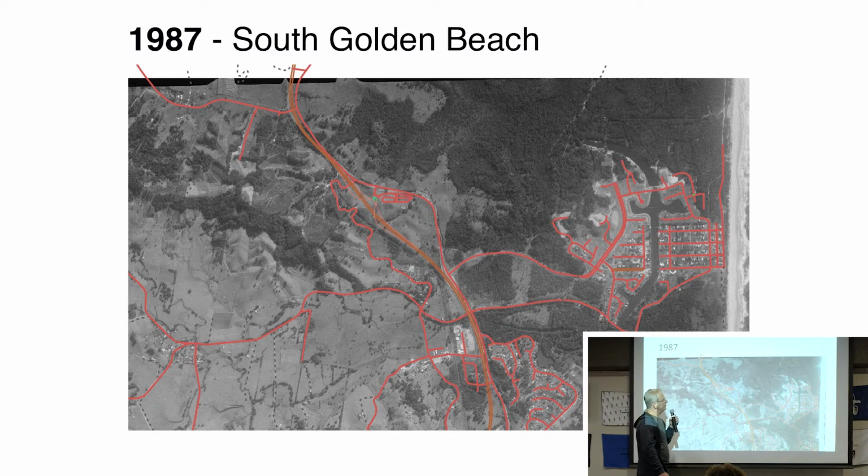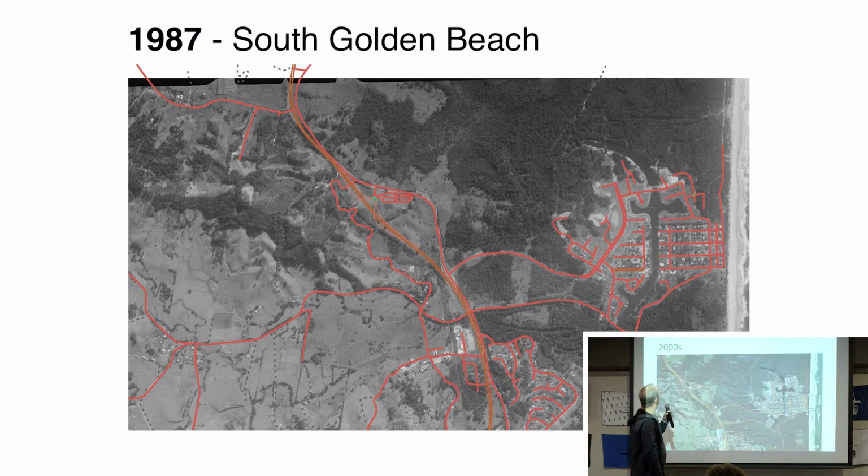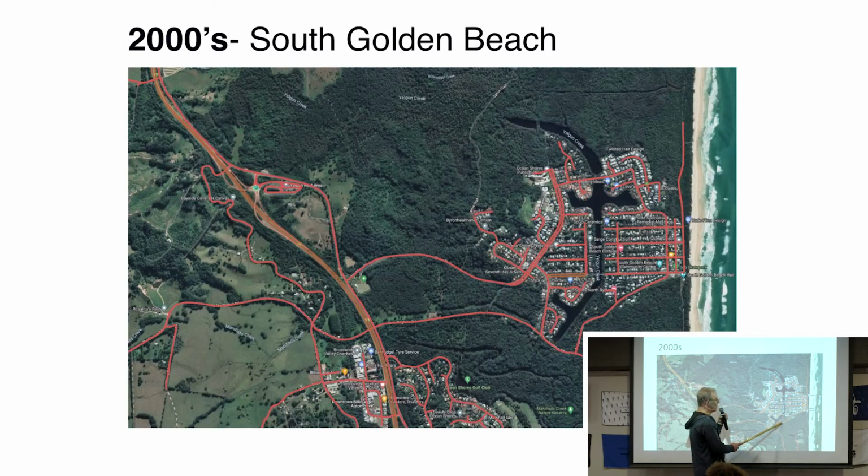Next one. And in the 2000s, we're pretty well there, except we've got a levee bank that has been developed along here. So now the water that does come out here can't actually even flood South Golden Beach, although we all know that it did. But what it means is that water is going into this area here and building up in this area here.